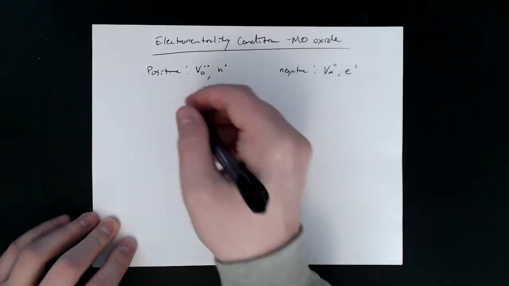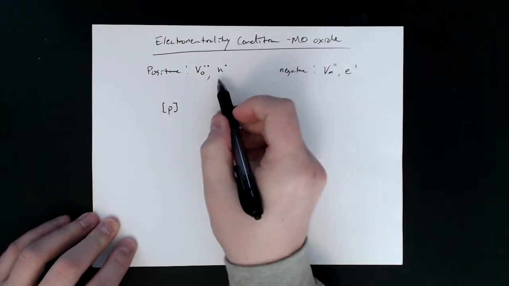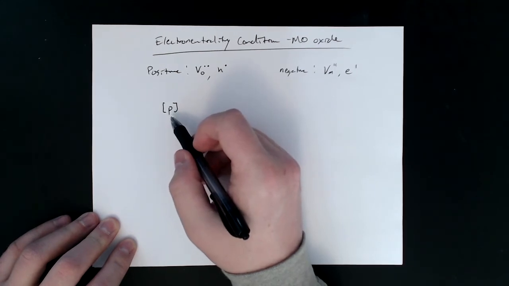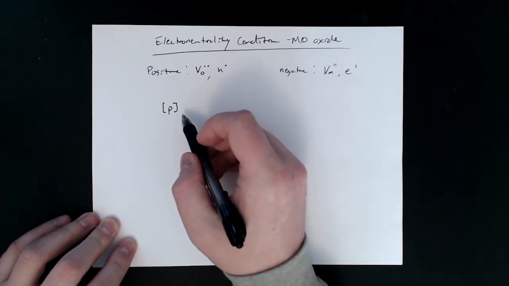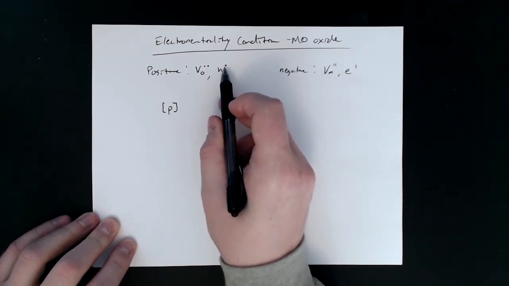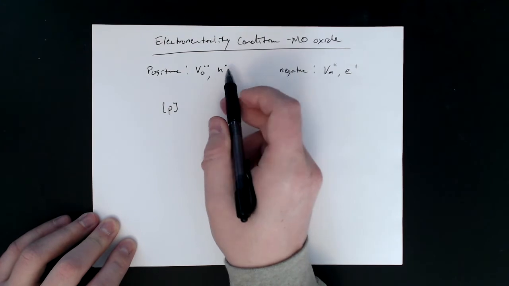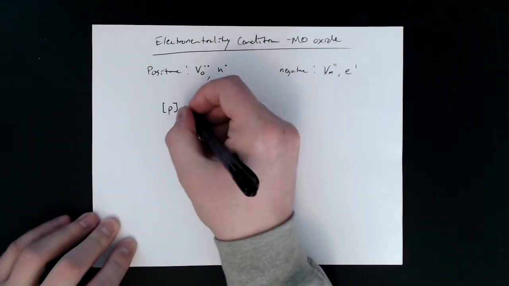So we're going to start with the positives. So we write them in concentration. So P is for holes, right? P-type conductor. And then remember, we're multiplying that by the effective charge. So the effective charge for an electron hole is +1. And so we just have to multiply this by +1. So basically we don't have to do anything.